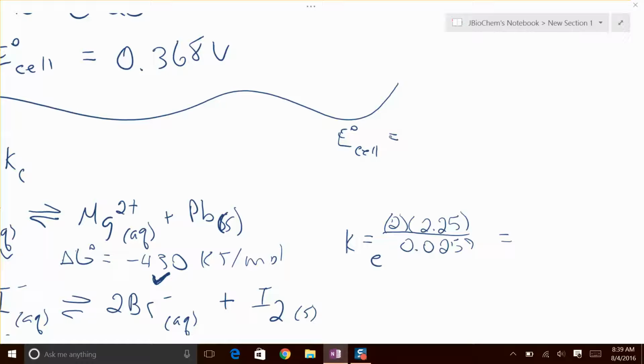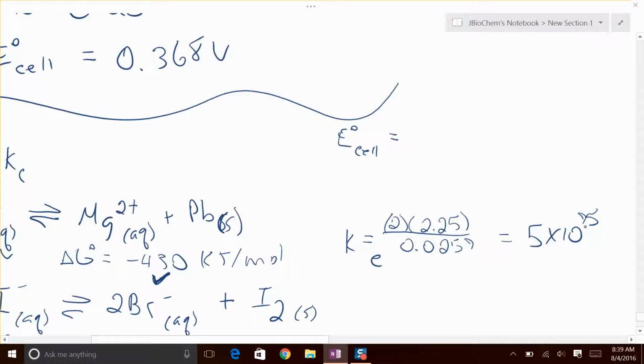Maybe they did it wrong, but let's do it. I got 4.75 times 10 to the 75th. But I got 4.46 times 10 to the 76. e to the... Nope, that's not working. That's one decimal place off.